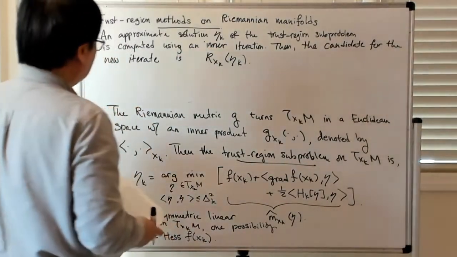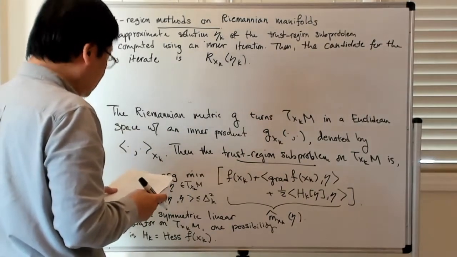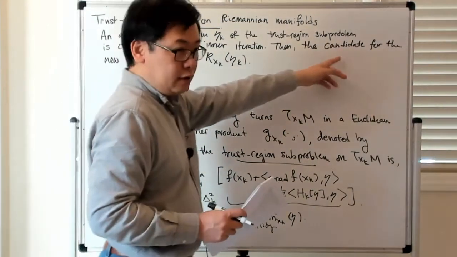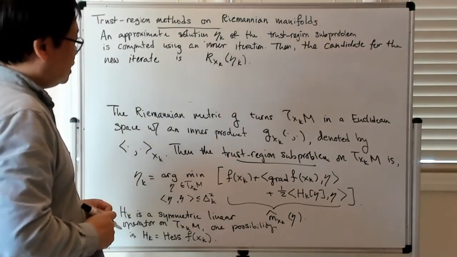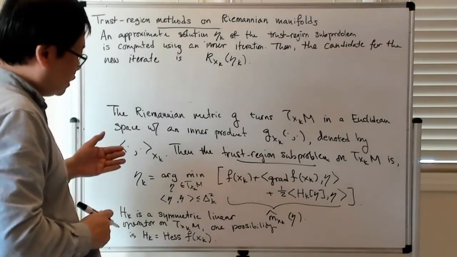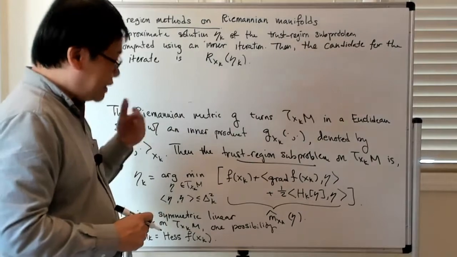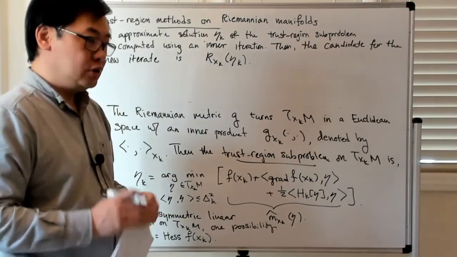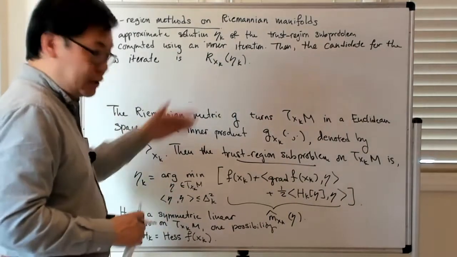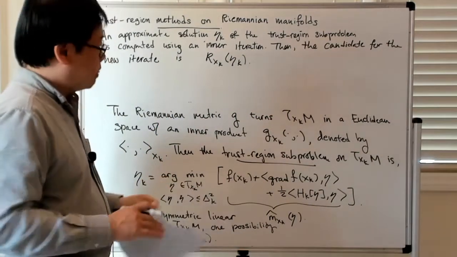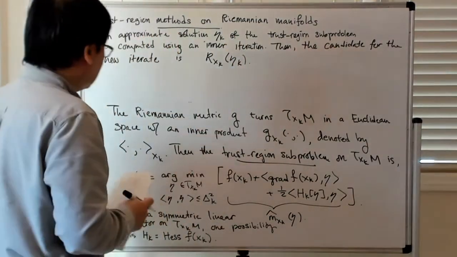I'm not going to talk about this right now, but we'll be discussing it later on. The reason I say it's the candidate for the new iterate is that it is possible that the difference between what the quadratic model predicts the cost function to decrease by versus the actual decrease is so dramatically different that you might want to discard that candidate altogether. So that's why it's just a candidate as opposed to the actual thing.